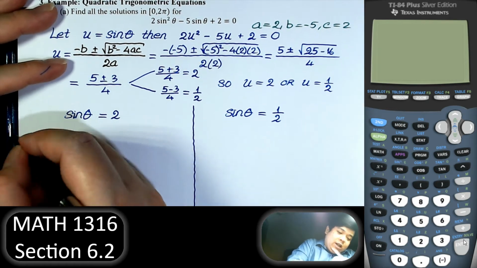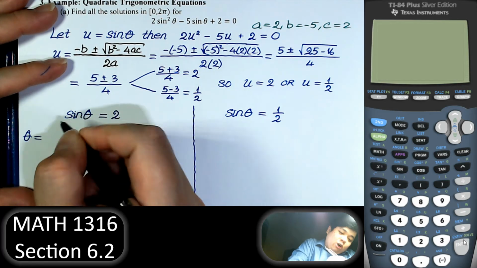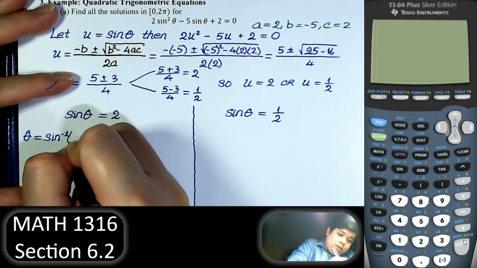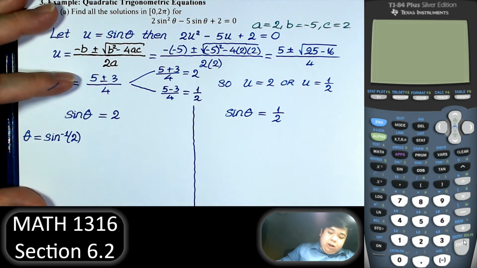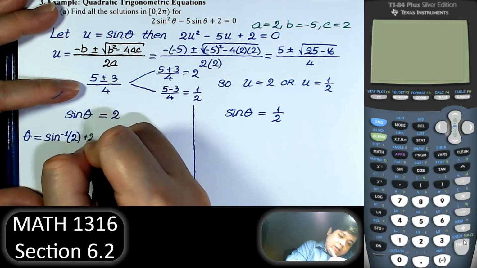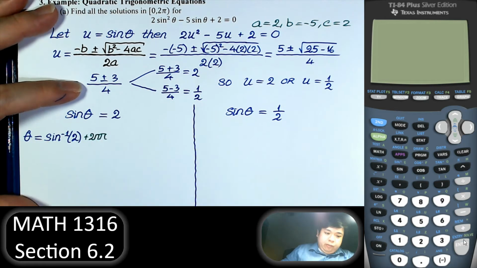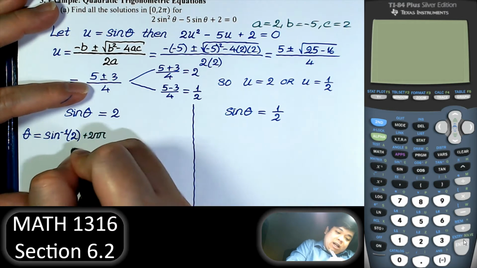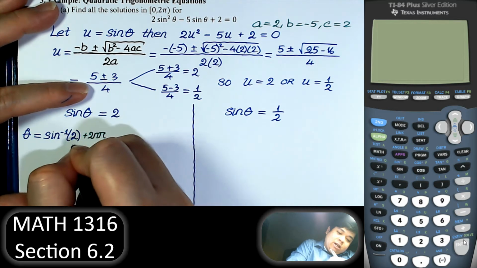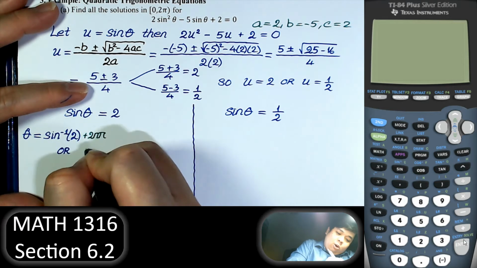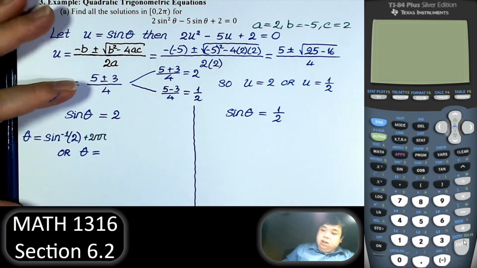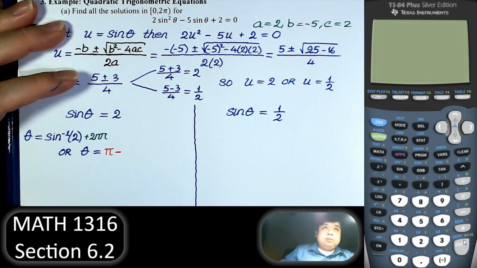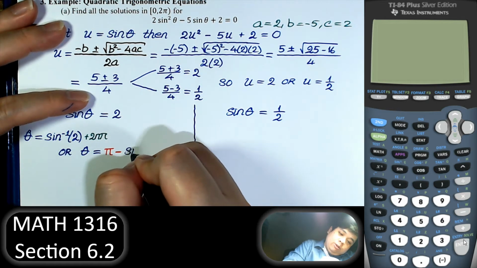For sine, the angle, the argument is going to be sine inverse, plus 2n pi. Or we have the supplement to it. If I write like that, that may not be enough space. So either that, or we have theta equal to the supplement. The supplement is pi minus sine inverse of 2.